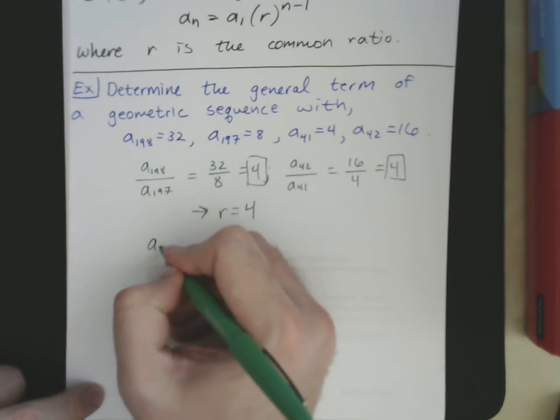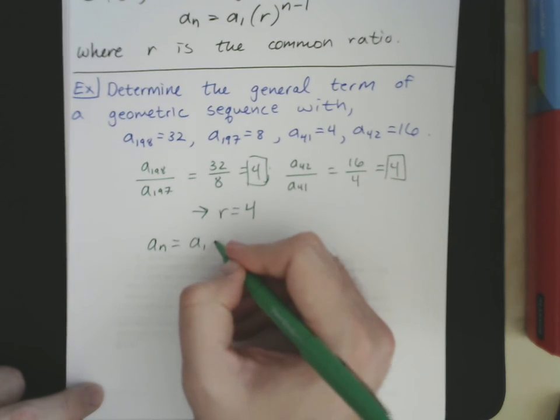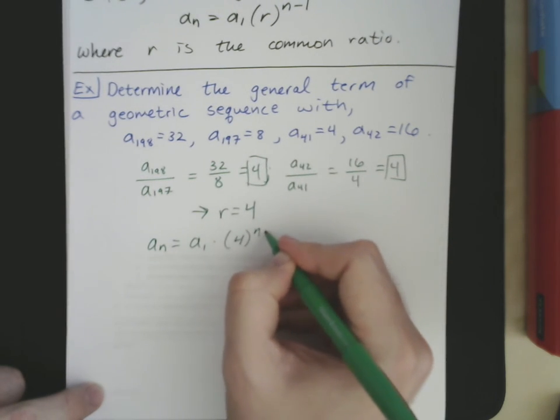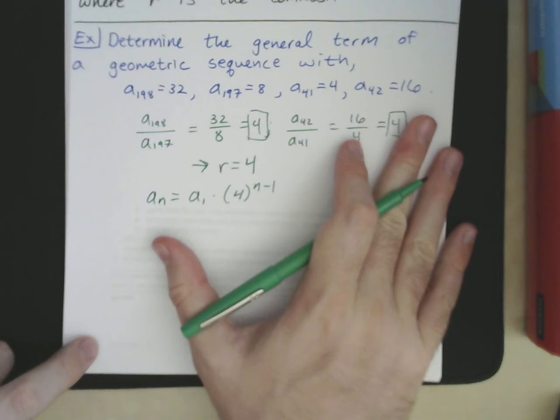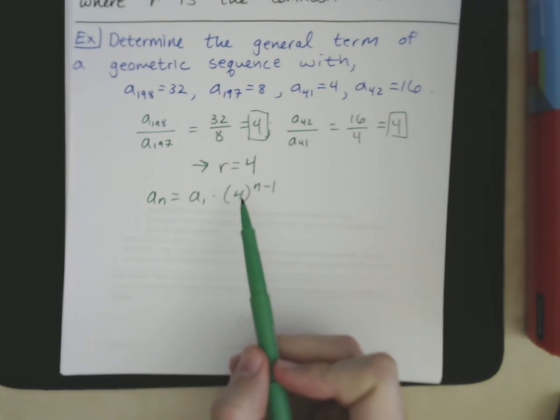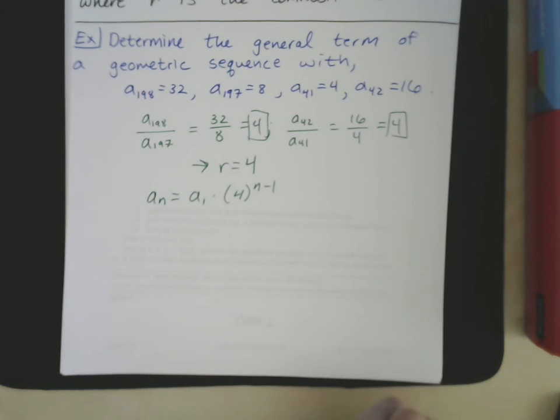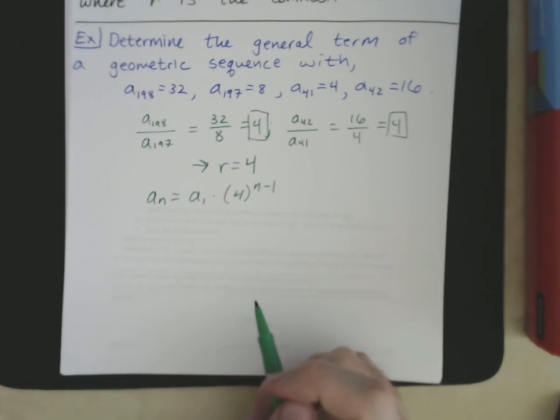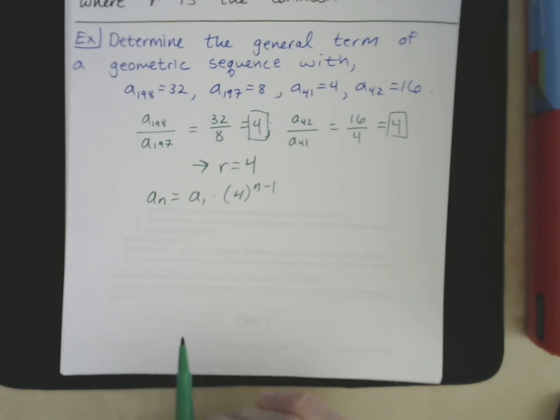And so our general term, a sub n, should be a sub 1 times 4 to the n minus 1. And here's where, because geometric sequences are multiplicative and not additive, like our arithmetic sequence, we can actually use any known term to solve for a1.